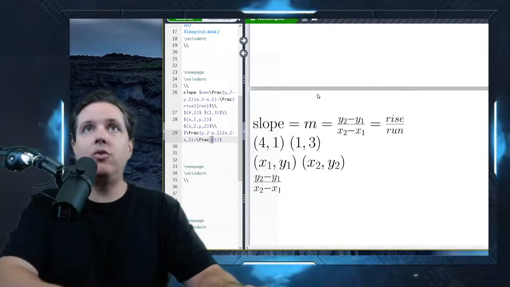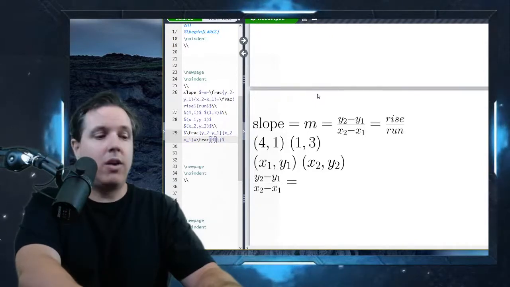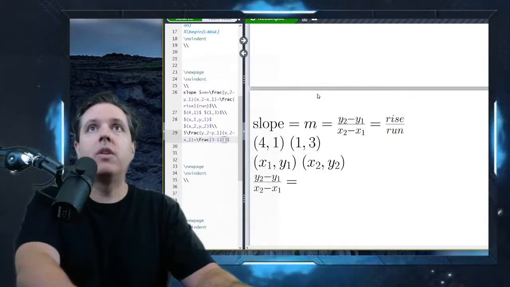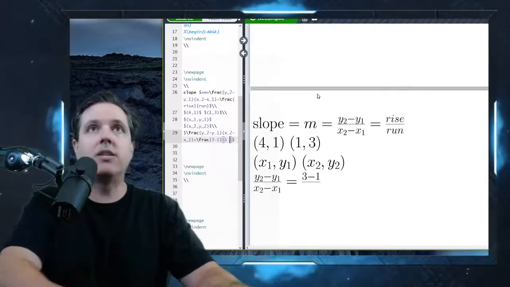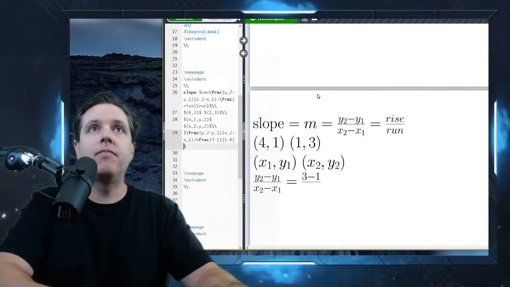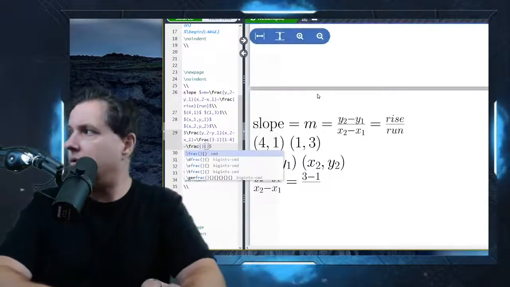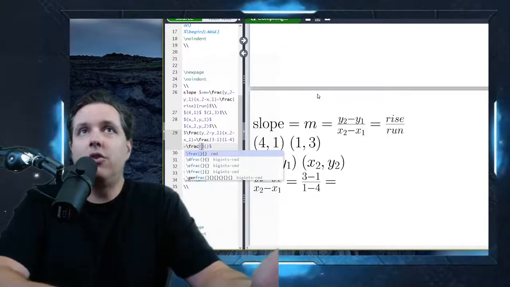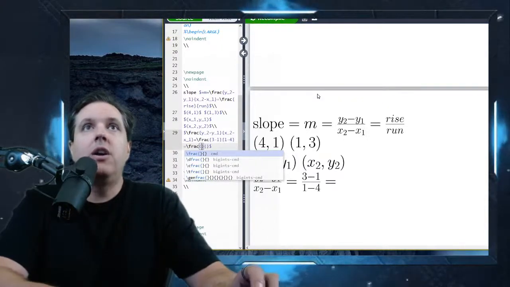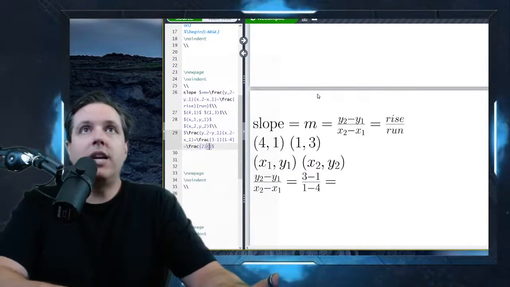So Y2 is 3 minus Y1, which is 1. 3 minus 1. X2 is 1 minus 4. And of course, we want to simplify things when we can. Why not? There's really no good reason not to simplify. So 3 minus 1 is 2. 1 minus 4 is negative 3.